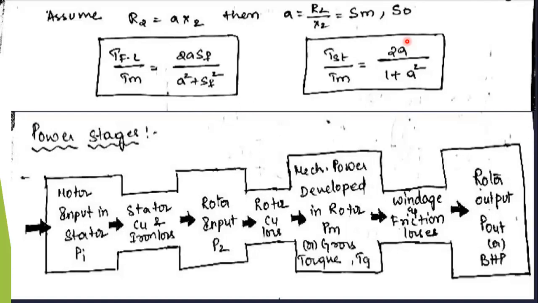The same formulas will be considered here also, but rotor copper loss is the only different one. Copper loss is present in both stator and rotor, so losses are present in both, and these losses change with respect to load.